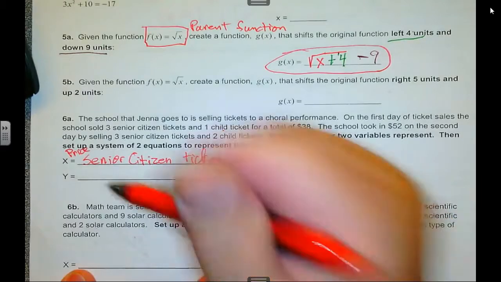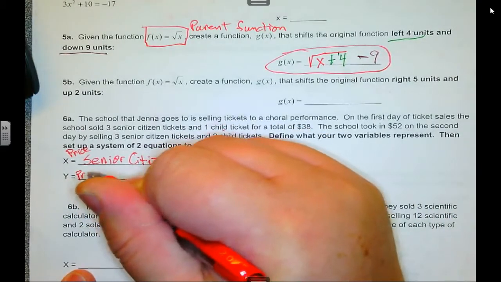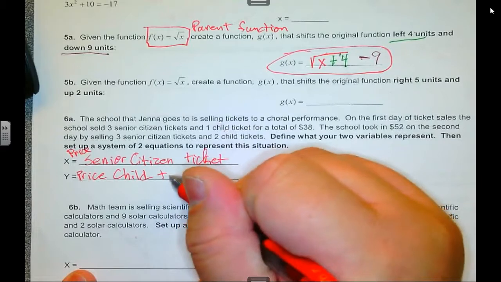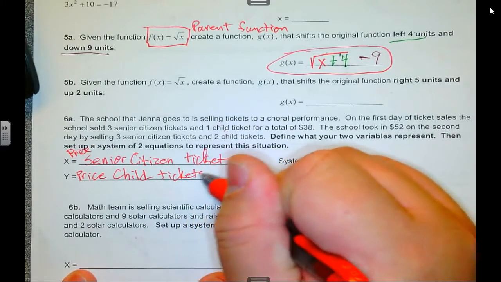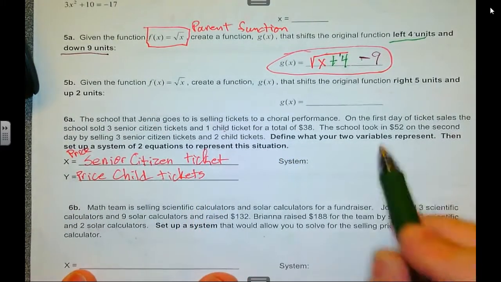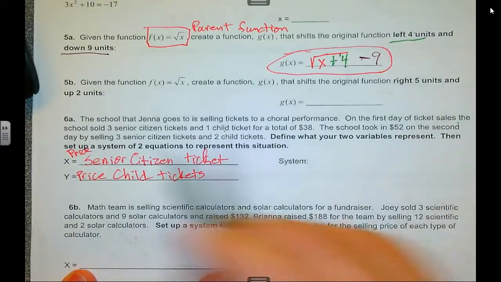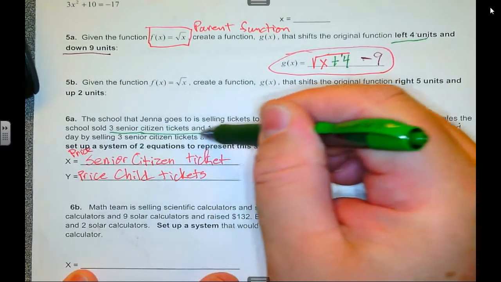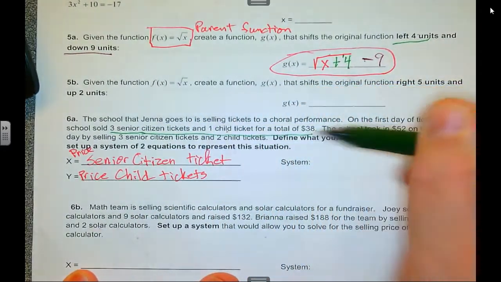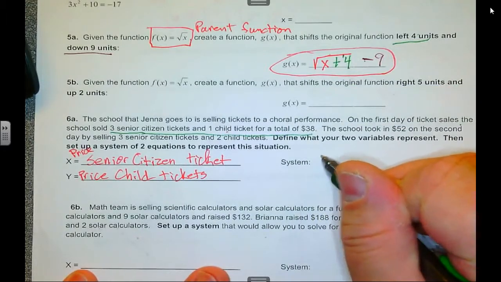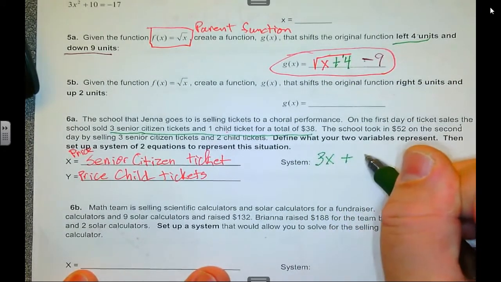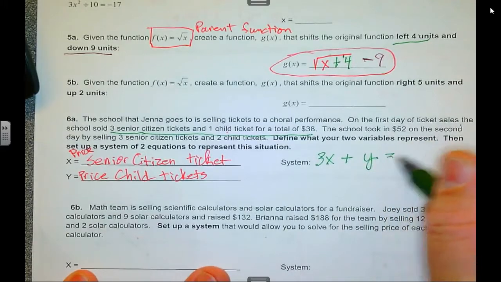And then we have the price of child tickets. On the first day, the school sold 3 senior and 1 child for a total of $38. So 3 senior and 1 child equals $38.